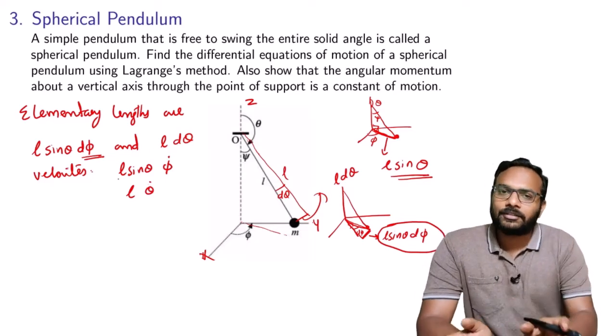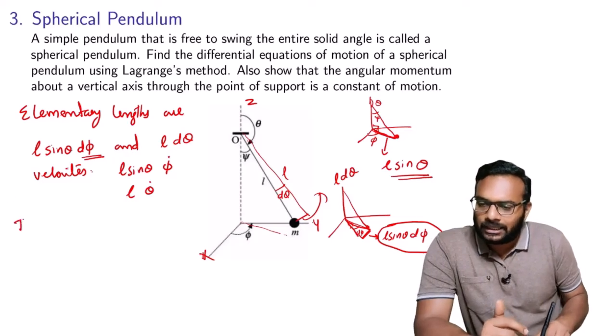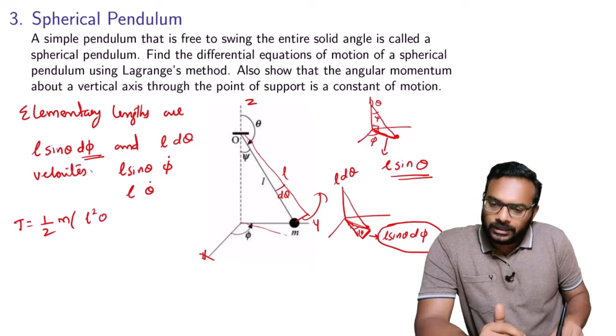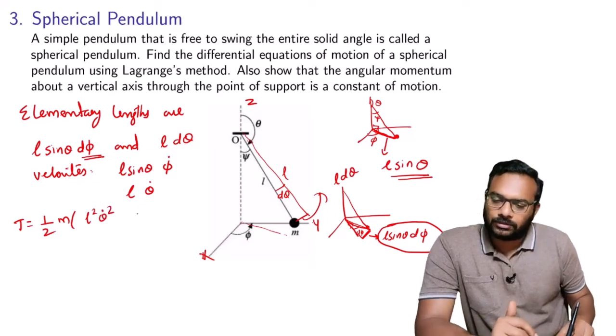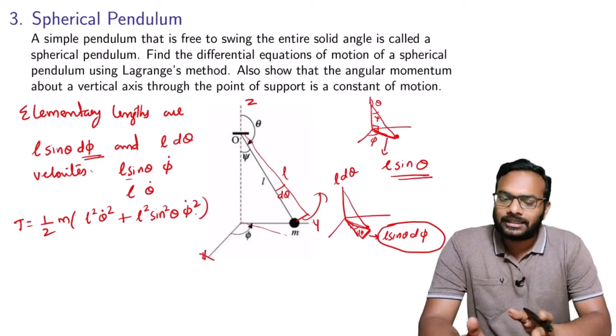That's enough for us to identify the kinetic energy. T is equal to half m L square theta dot square, plus the other velocity, L square sine square theta phi dot square. That's not very difficult.